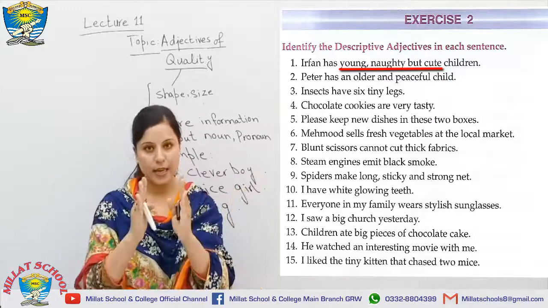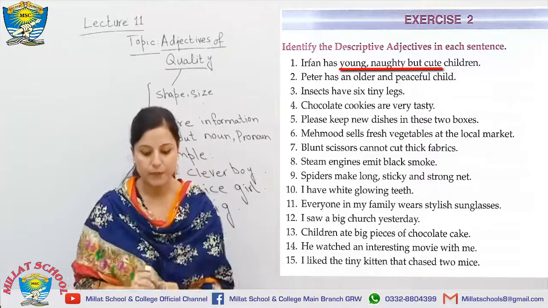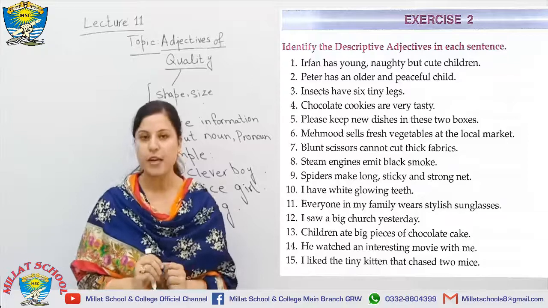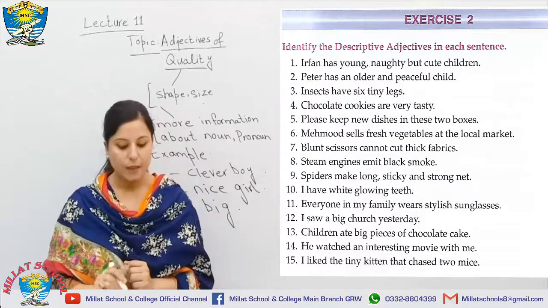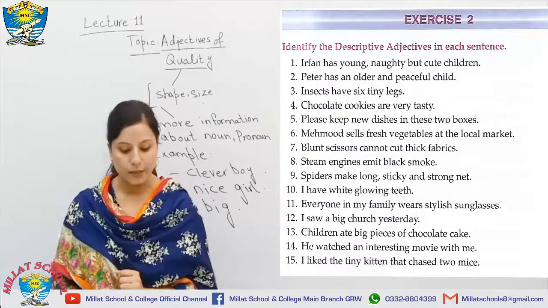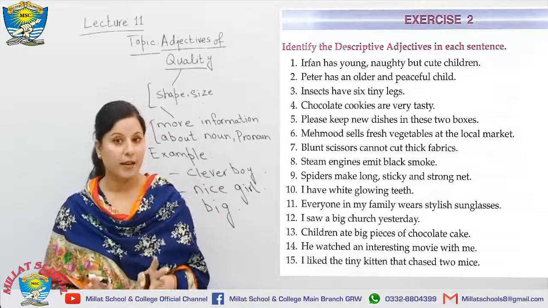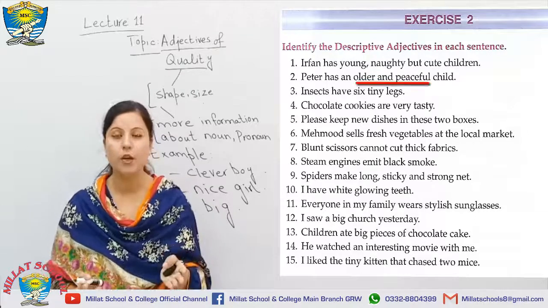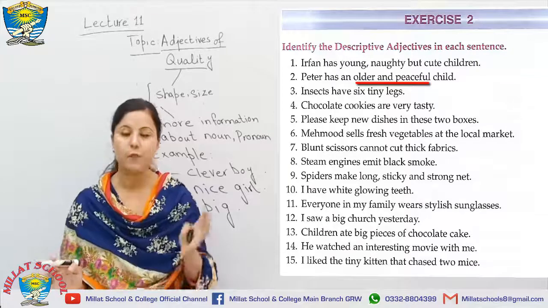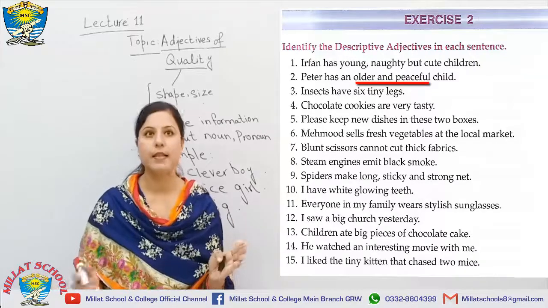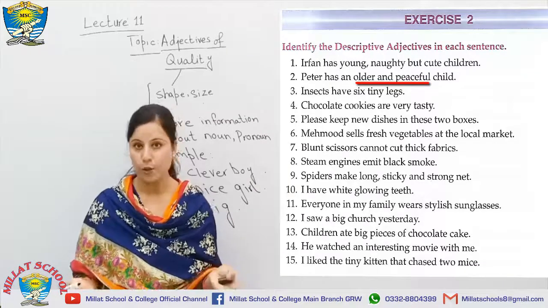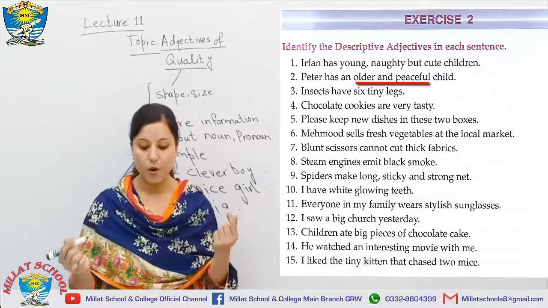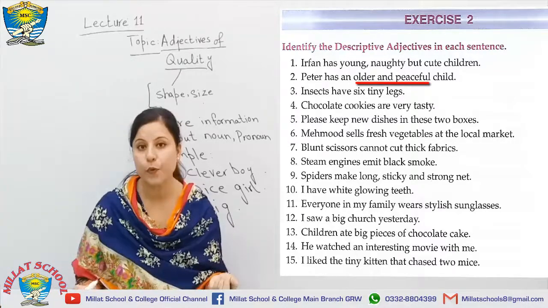So let's see the categories more for adjectives of quality. Number 2 sentence is Peter has an older and peaceful child. This is again a quality of a child of Peter. That tells us that he is what kind of child? He is older and peaceful.